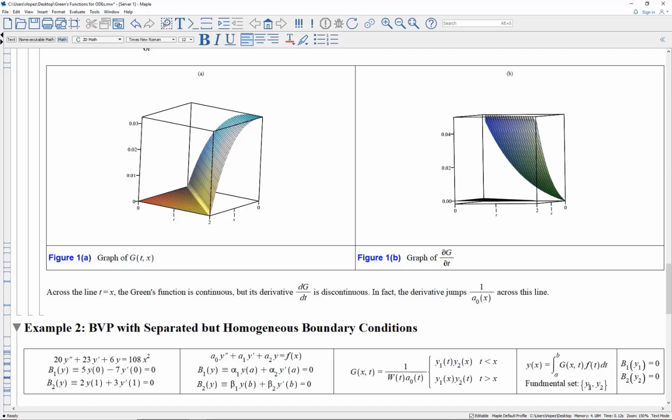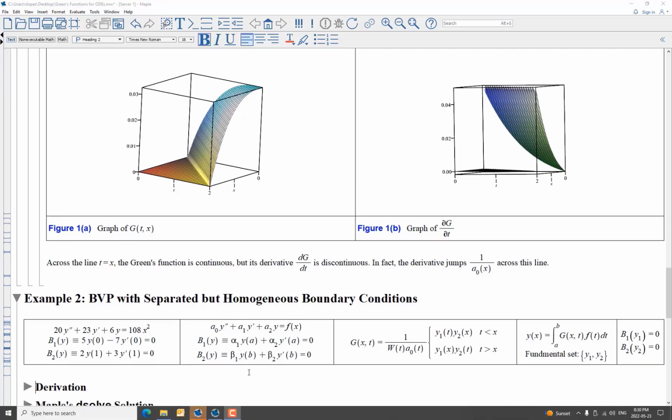Fundamental set, y1, y2, but they obey the following boundary data. y1 is chosen so that it satisfies the boundary condition at the left end. And y2 is chosen so it satisfies the boundary data at the right end. So this satisfies one, this satisfies the other.